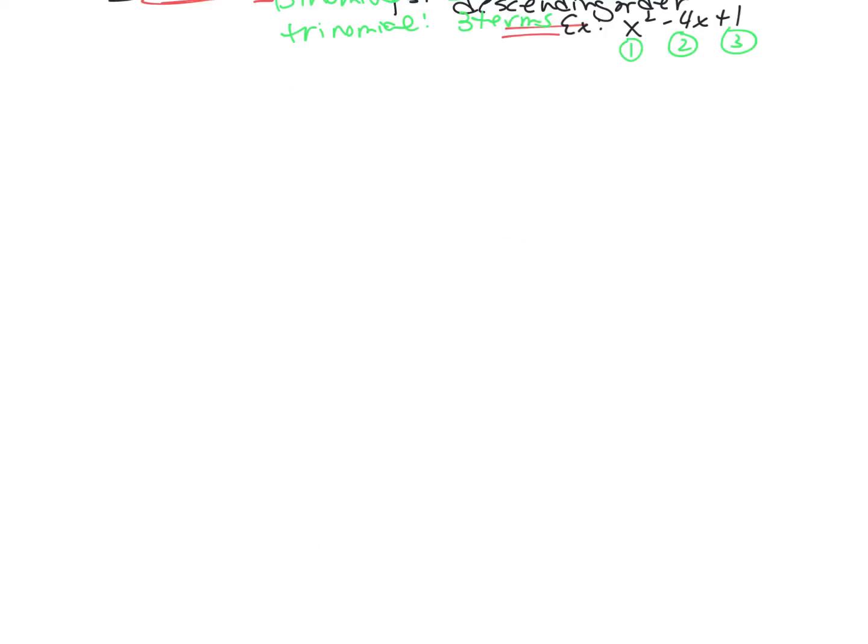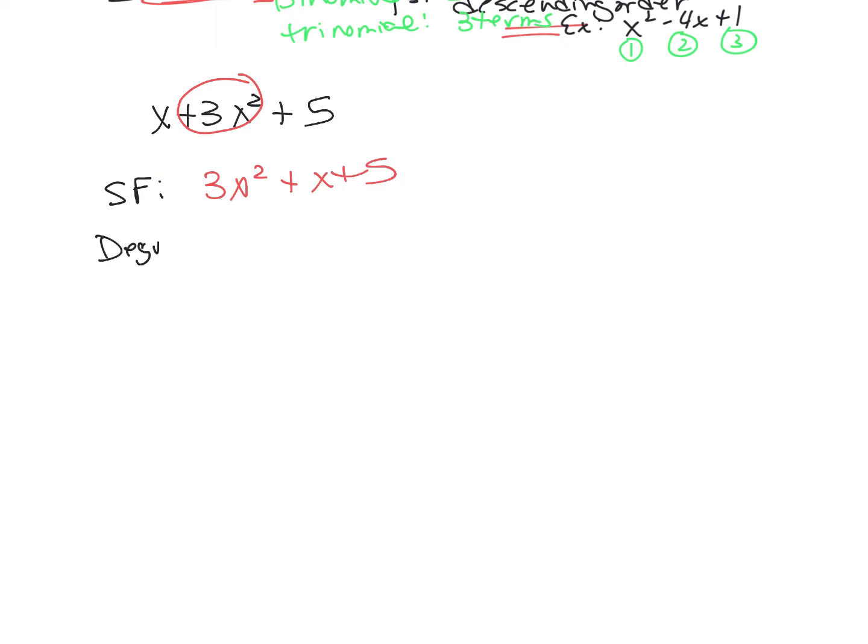Okay, so the first part of your work, you are going to put things in standard form. So I have x plus 3x squared plus 5. So we're going to put it in standard form. Remember, we're going to have our largest degree first. So we have 3x squared plus x plus 5. Then we want the degree of the polynomial. The degree of the polynomial is 2.